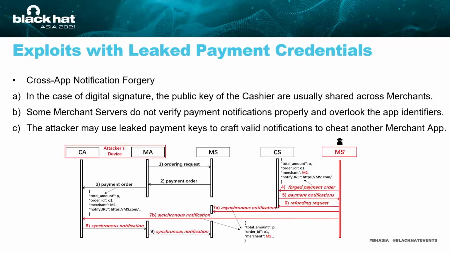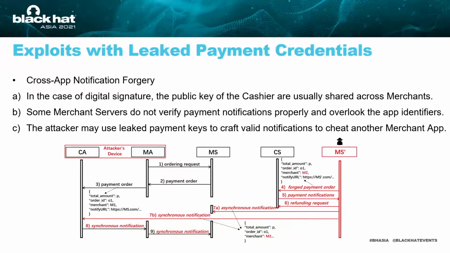The fourth type of exploit is the so-called cross-app notification forgery, which enables the attacker to cheat other innocent merchant apps that do not leak their credentials. As I mentioned above, the cashier's public key tends to be shared across merchant apps in the case of digital signature.